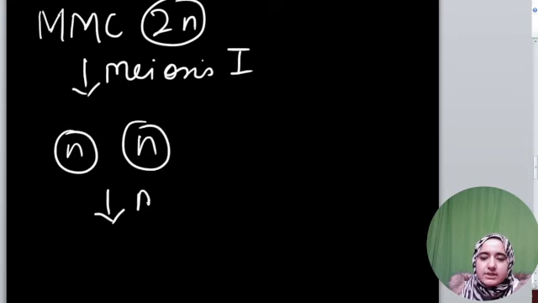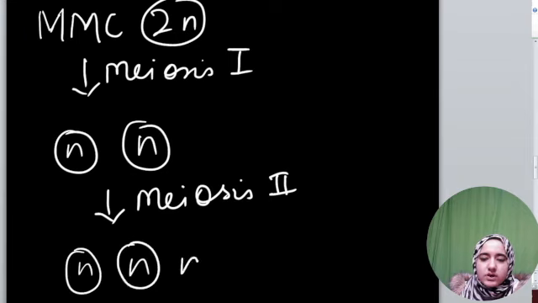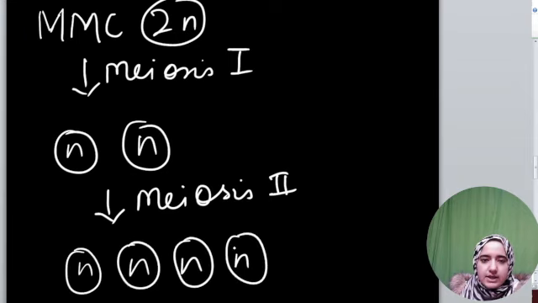These cells will also undergo meiosis 2, and after meiosis 2 they will form four cells like this, 1, 2, 3 and 4. Same as what was formed in the male reproductive structure, the microspore tetrad.